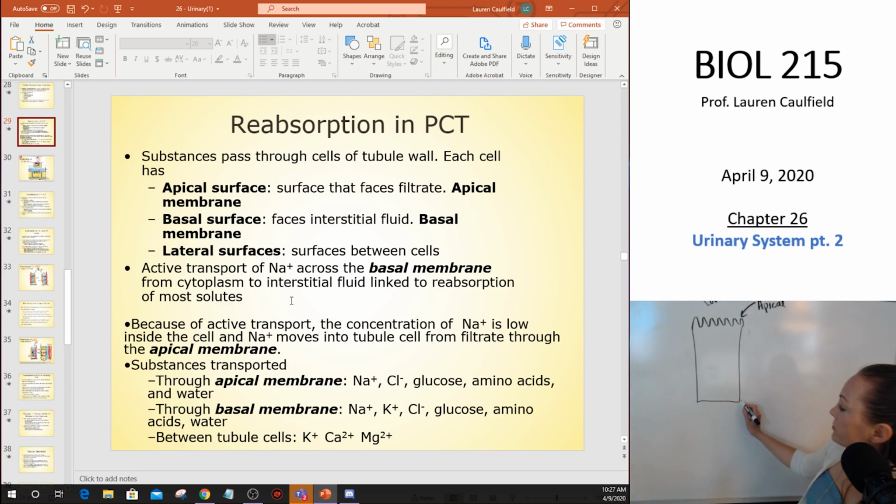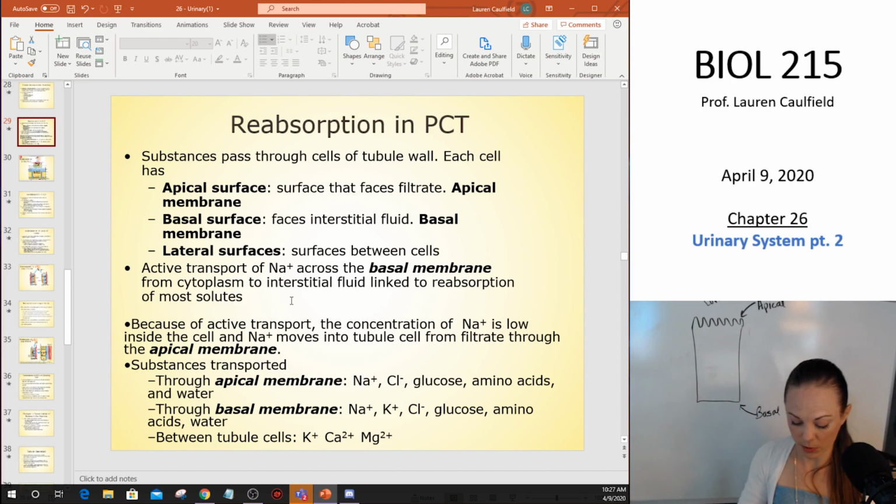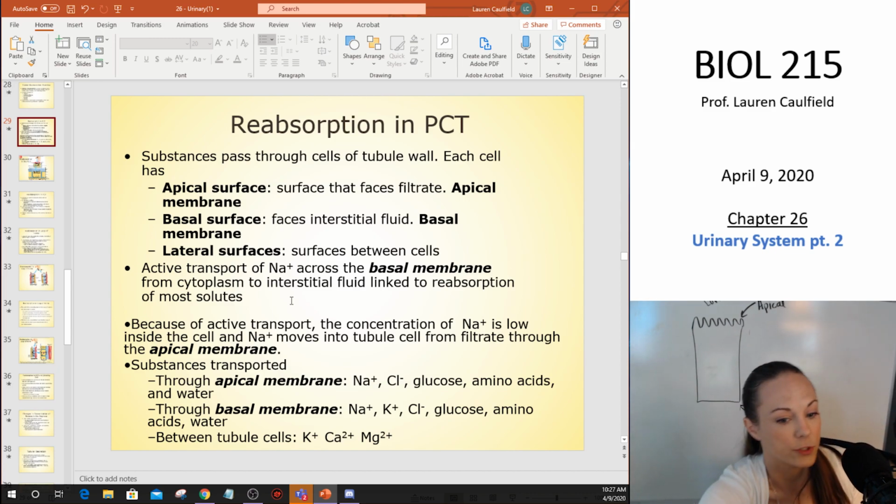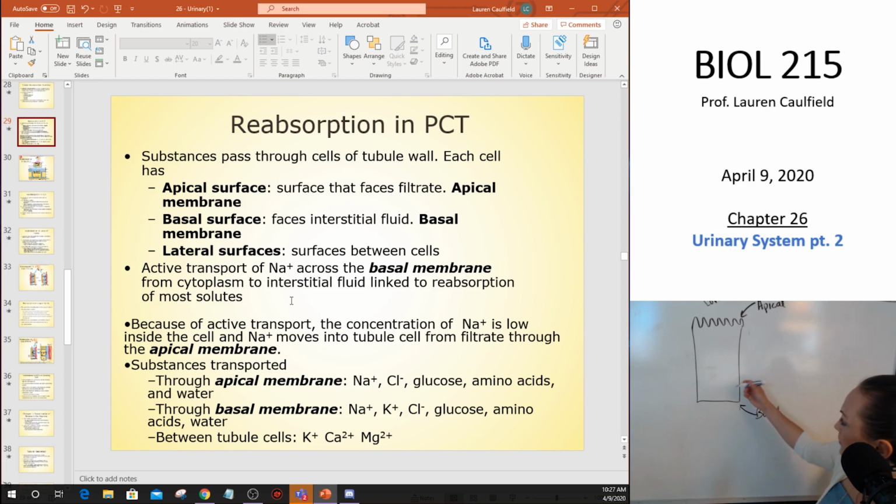This is our basal surface. Can you see around my head? Okay, and then on each side we would have our lateral surfaces. So if we are actively transporting sodium, my favorite color for sodium is blue. I don't know why.